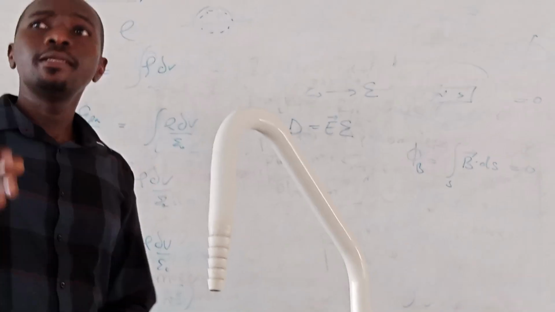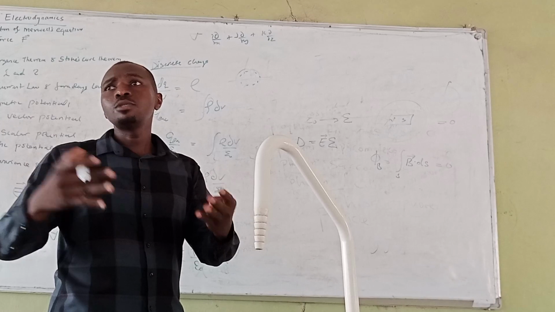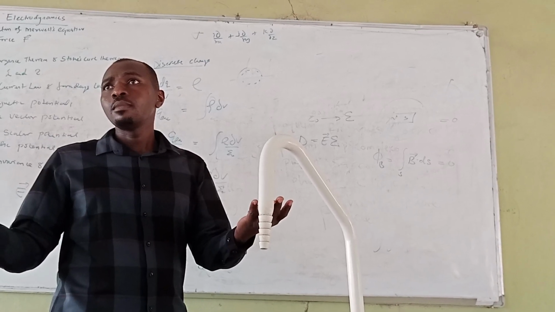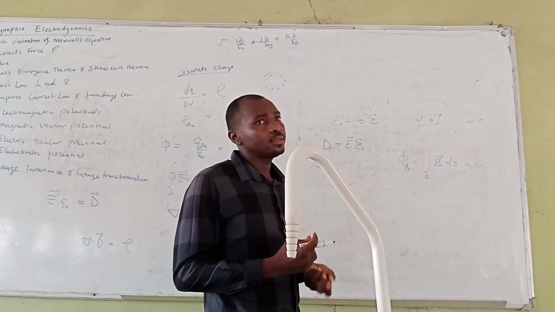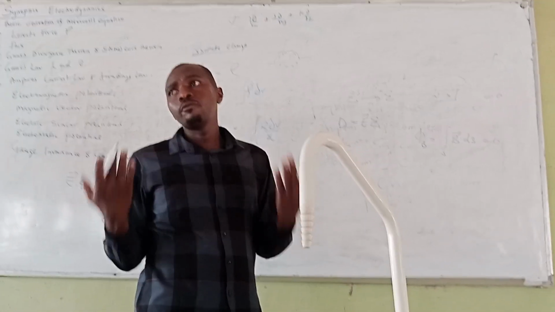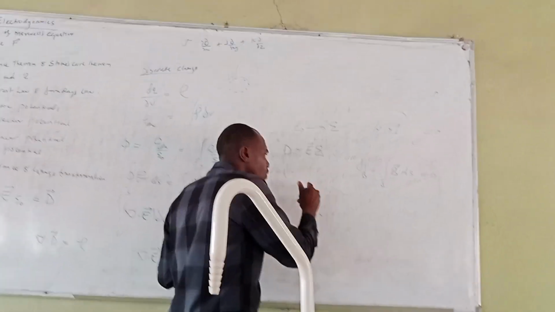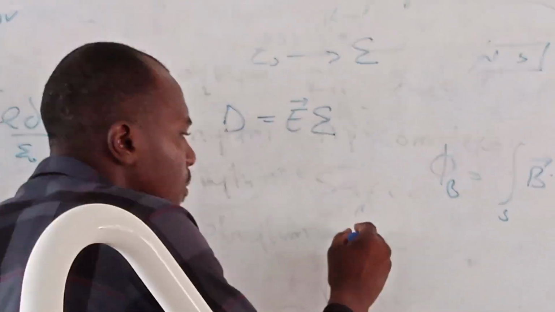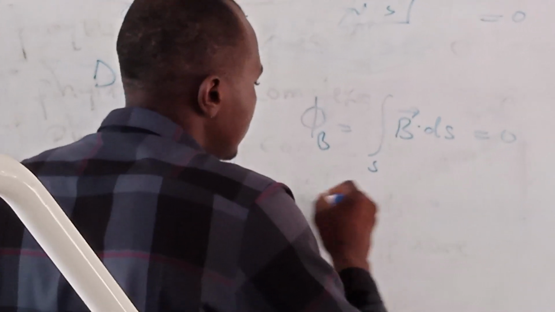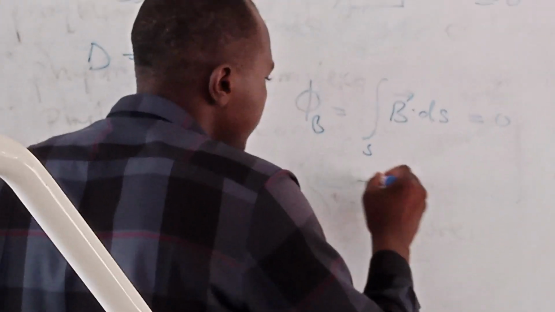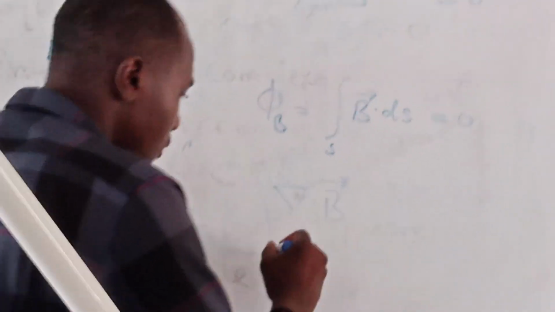I will change it again to differential form because they always ask this one. How do you change it to differential form? Point form. Apply divergence theorem. I don't want it in surface. I want it in what? Volume. So what will I do? Divergence. So my divergence is divergence of B round this surface here.